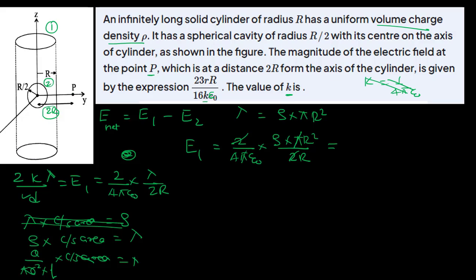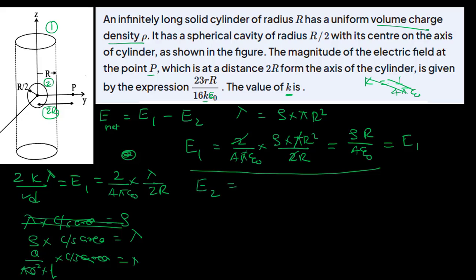So I will get rho r in the numerator, and in the denominator I'll get 4 epsilon naught. So E1 is rho r upon 4 epsilon naught. Okay, so this is E1.